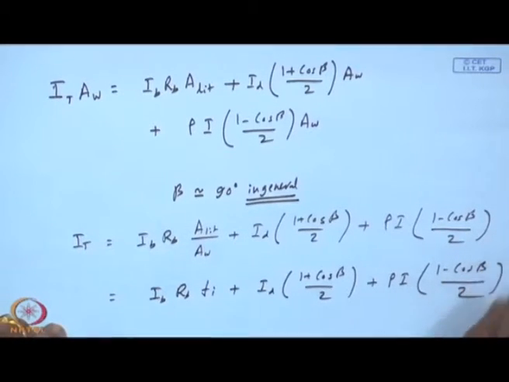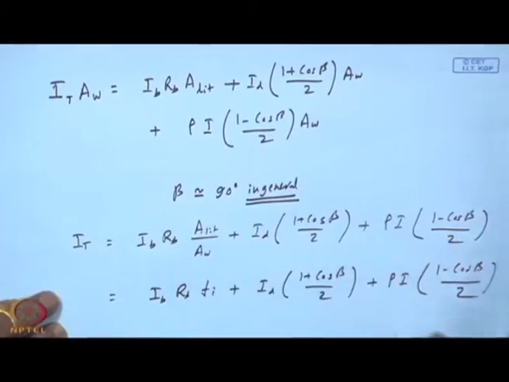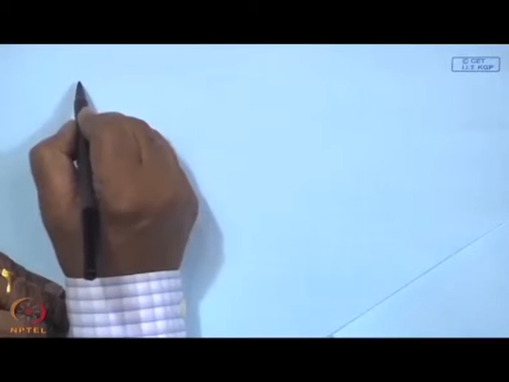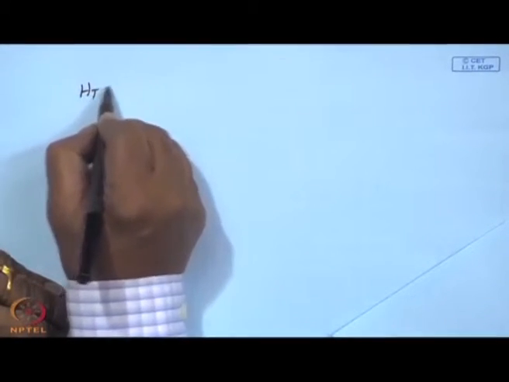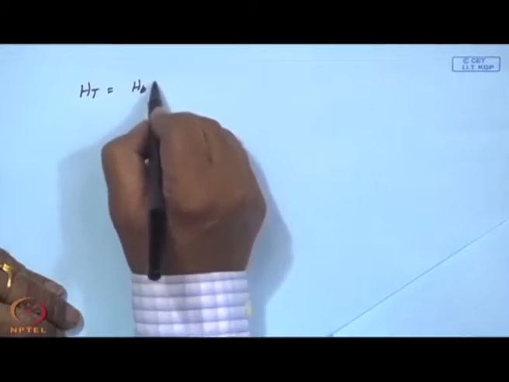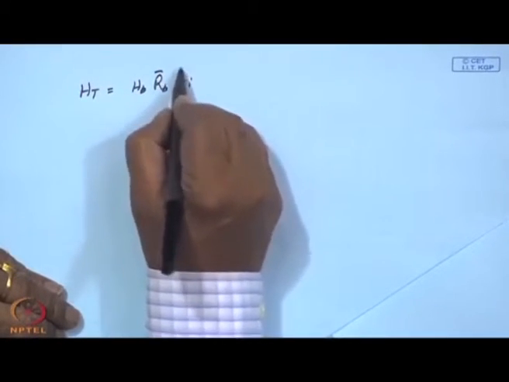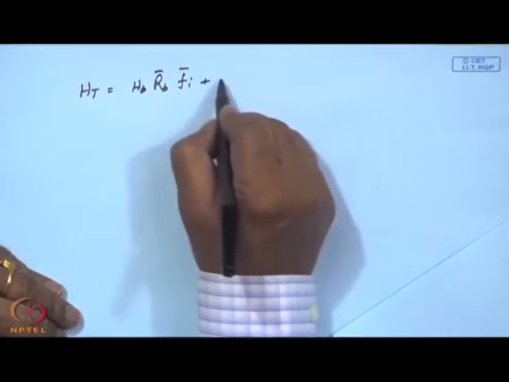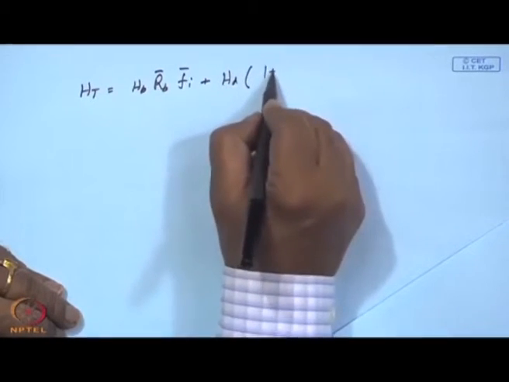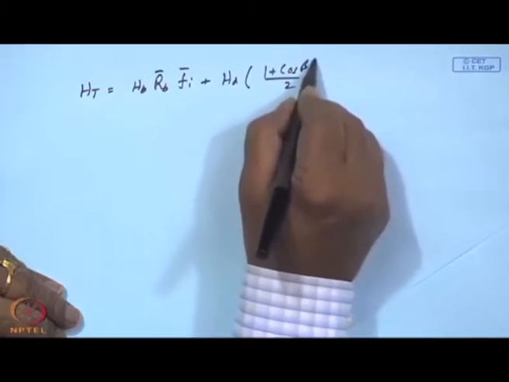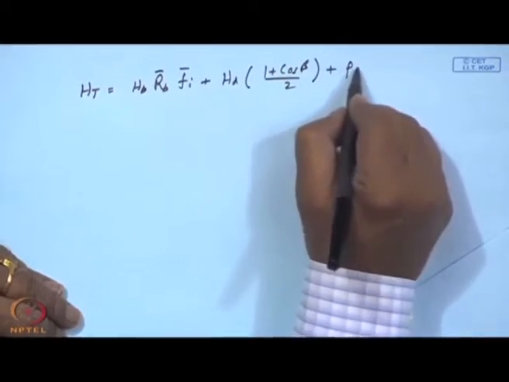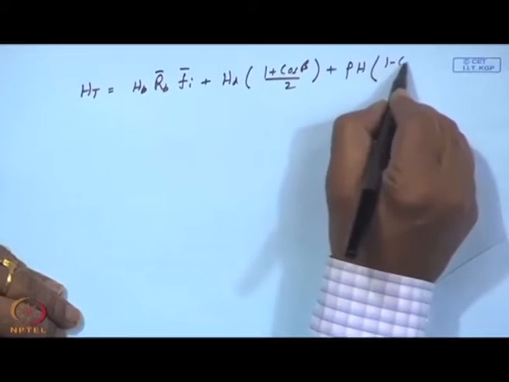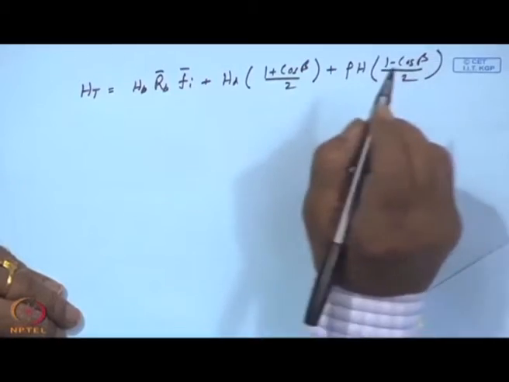I have divided throughout by A w. If I extend this, just like we have done for simple unshaded radiation, H t should be equal to H b R b bar F I bar, plus the diffuse radiation, which is something like absorbed radiation except that it has a shading factor, plus the ground reflected radiation.